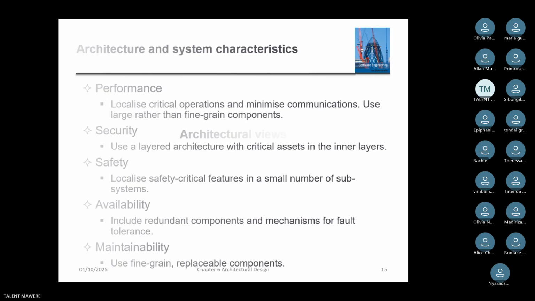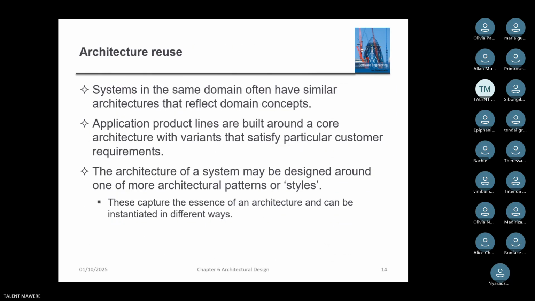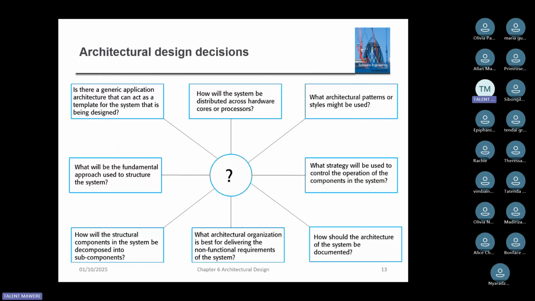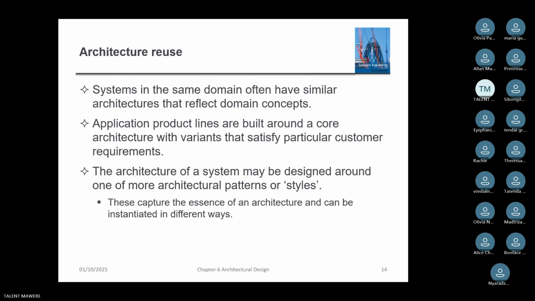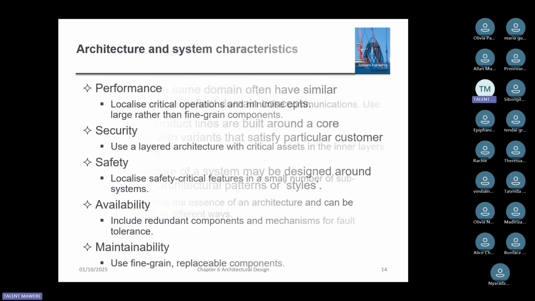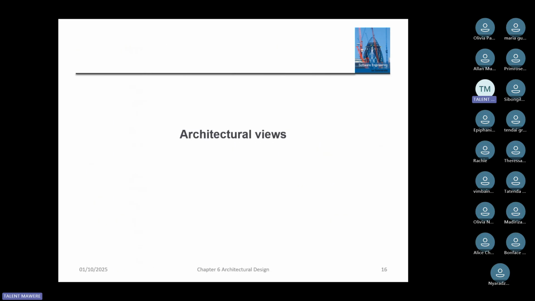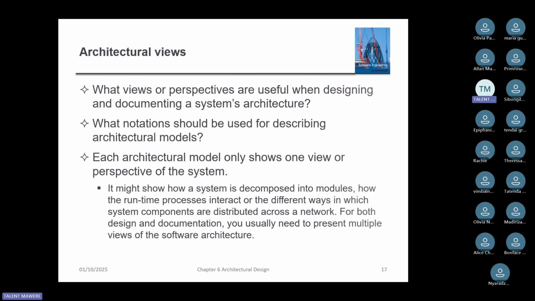Okay. So I'd said these are some of the questions that you need to ask yourself in coming up with an architectural design. Now let's look at the different architectural views, how you view different architectures.